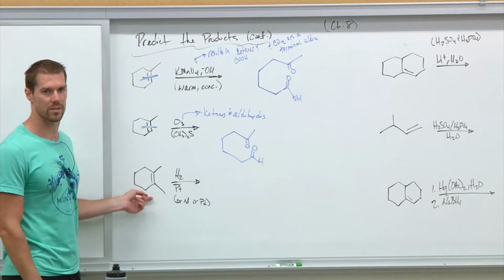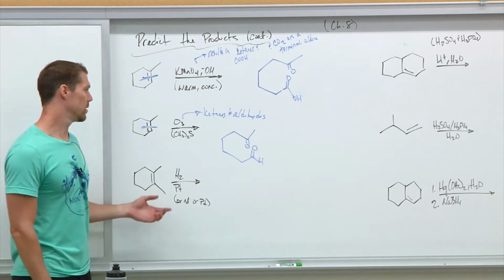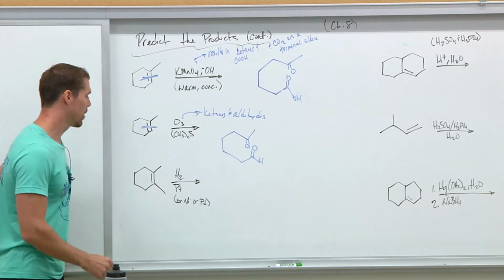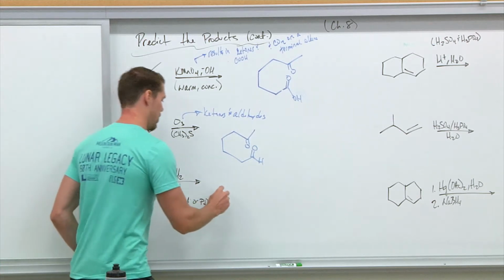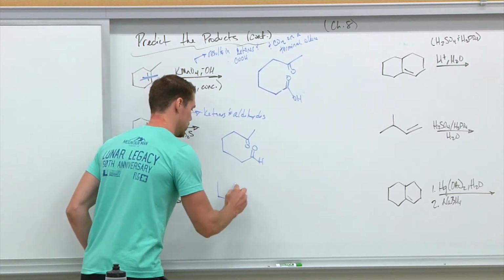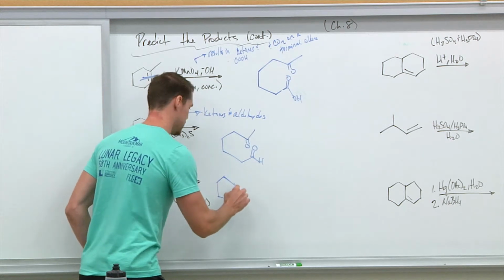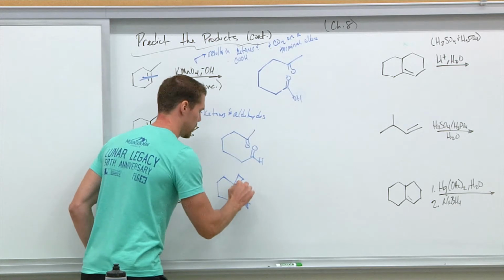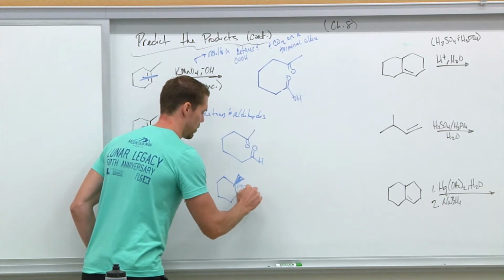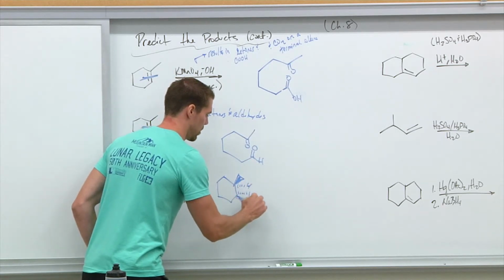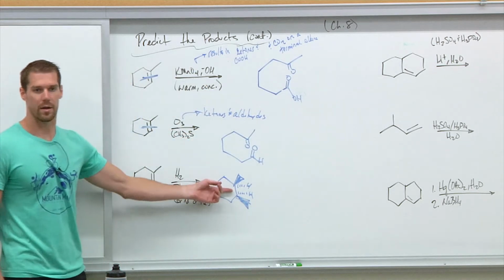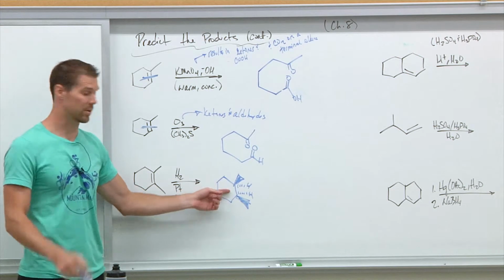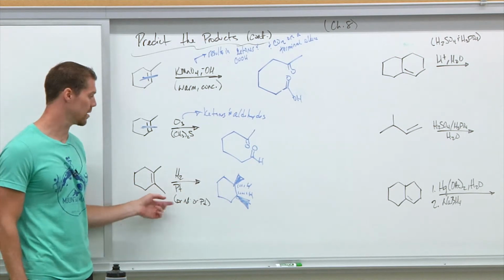This is a reduction. Adding hydrogens has the opposite effect. This is reducing it, okay? So here, our product is going to be right here. What kind of addition is this? Syn addition. Good. This is a syn addition reaction.